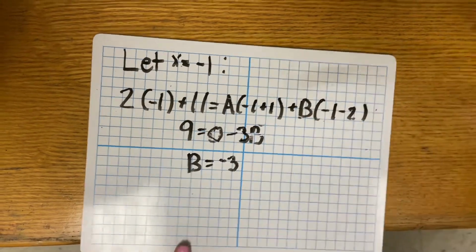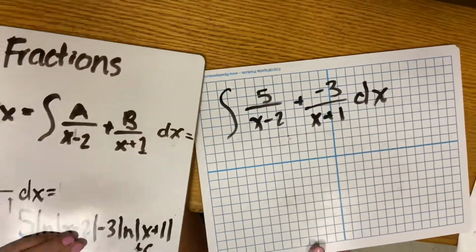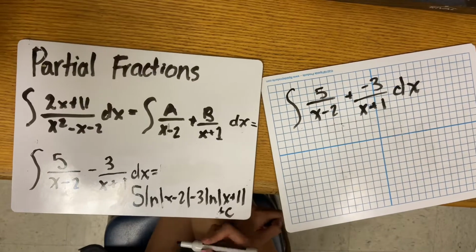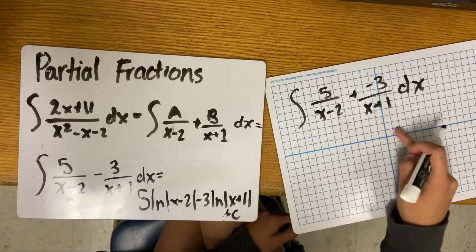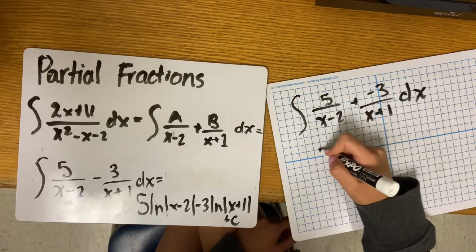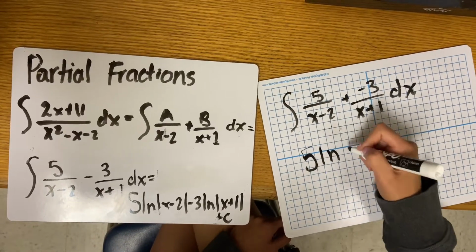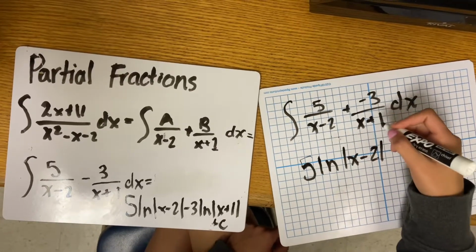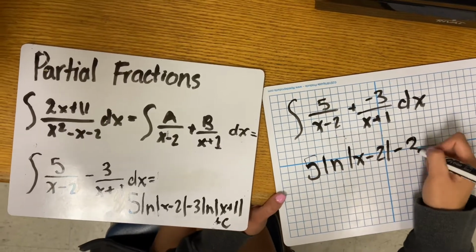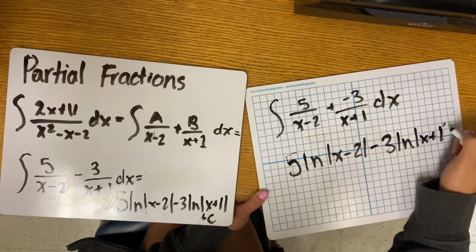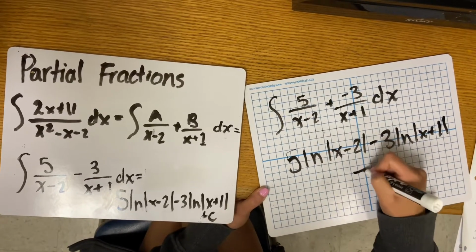Then we just plug that into the integral of a over x minus 2 plus b over x plus 1. That is pretty simple to integrate because 5 over x minus 2 integrates to 5 ln of x minus 2, and negative 3 over x plus 1 integrates to negative 3 ln of x plus 1. And don't forget the plus c.